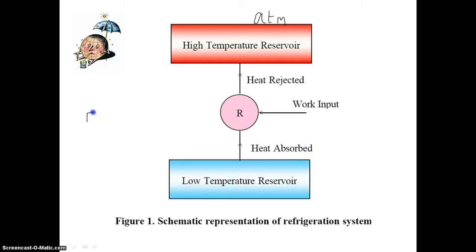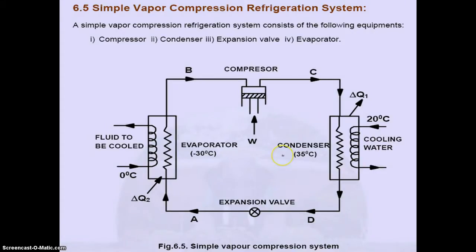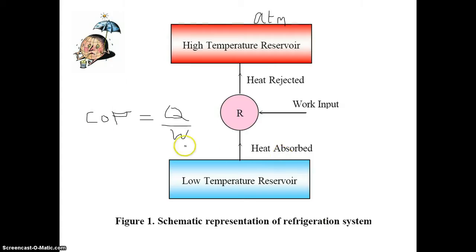The COP of this system is, as we studied in thermodynamics, simply heat absorbed from the low temperature reservoir divided by the work input. Normally we require a system with higher COP. To achieve a higher COP system, we need to reduce the work input.